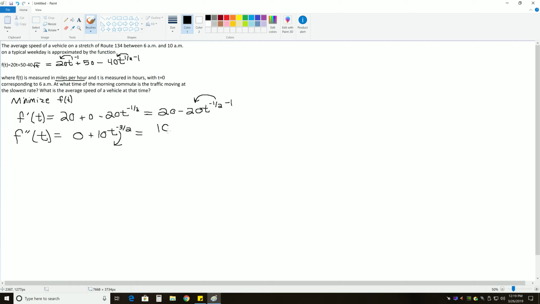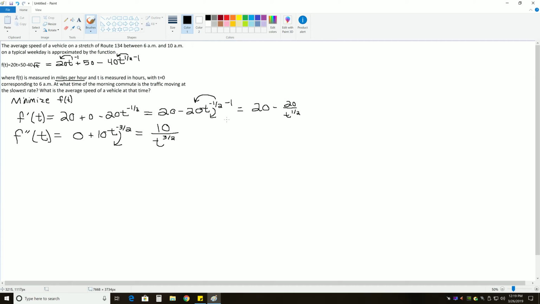So we get 10 over t to the positive 3/2. And then over here, we had 20 minus 20t to the negative 1/2. That's going to give us 20 minus 20 over t to the positive 1/2. Again, negative exponent, we had to move it down.